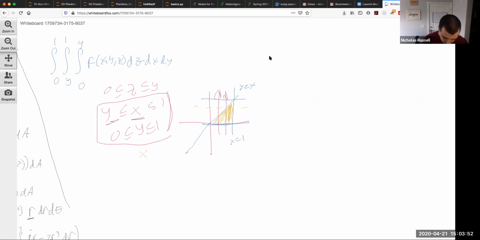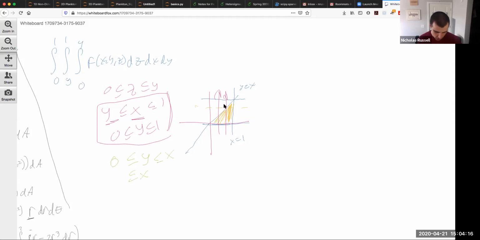The first thing I hit here, always... I was on the eraser, that's never a good thing. With respect to y, if I go through this region, the first thing I hit always is y equal to 0. And then I exit the region always from the line y equal to x.